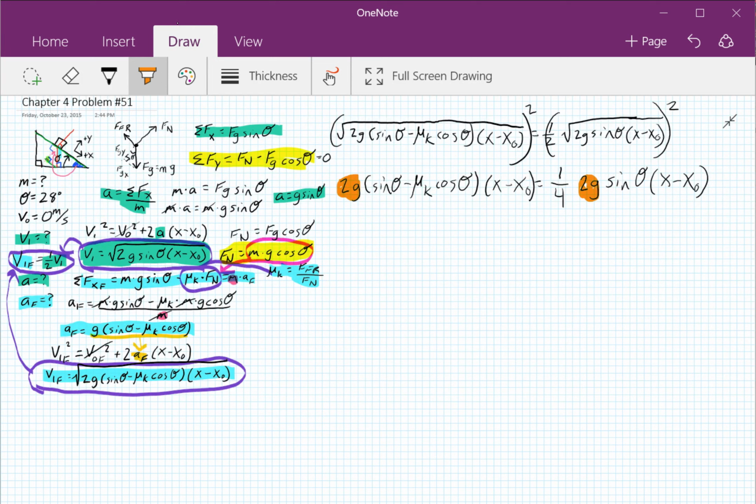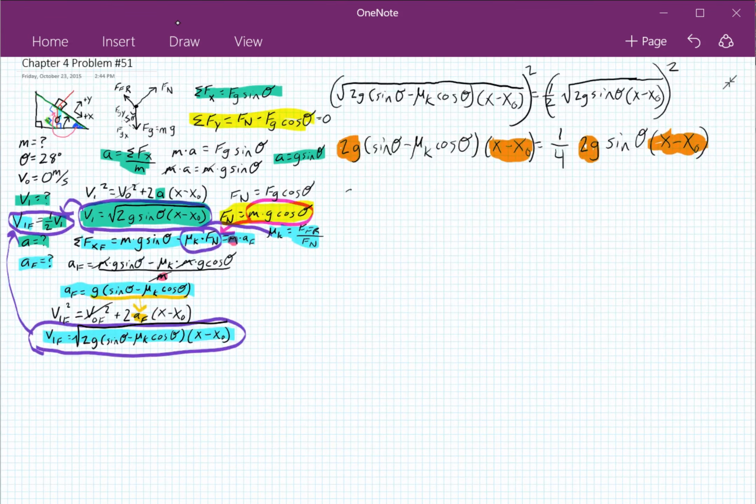We can divide by the displacement. So those go away. So let's go ahead and do that first and clean it up a bit. So just dividing all of those, so you have sine of theta minus the coefficient of kinetic friction times the cosine of theta equals 1/4 the sine of theta. That already looks pretty manageable.